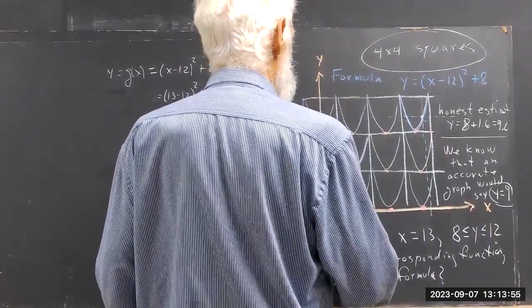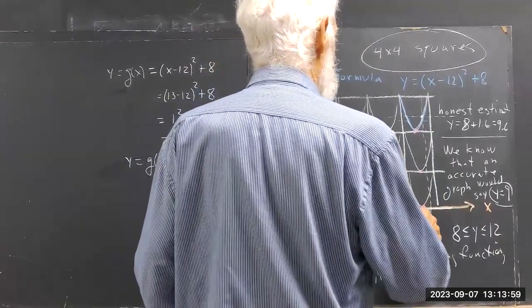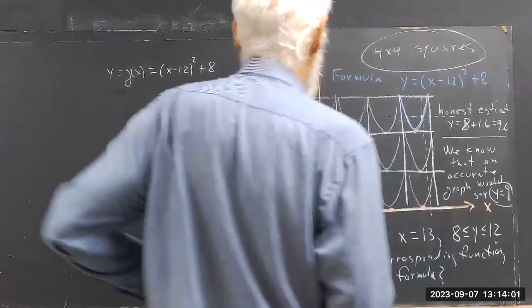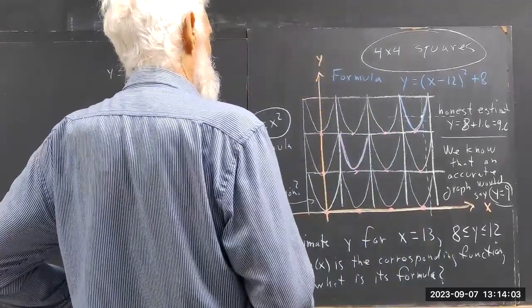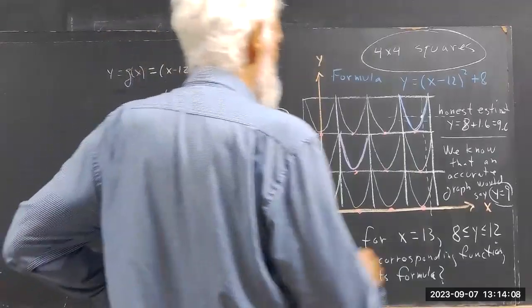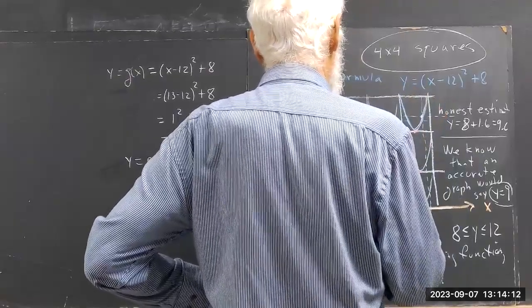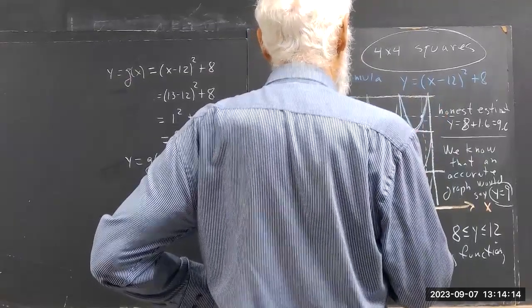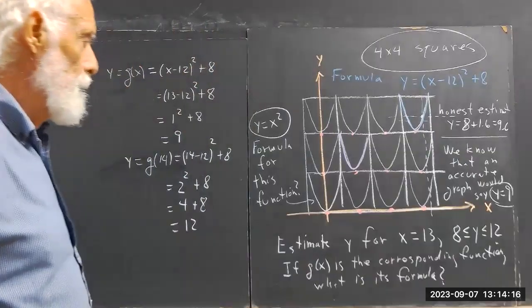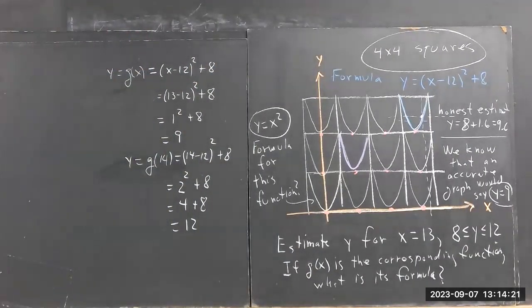We've got 4, 8, 12. Oh, wait a minute. That's screwed up. It doesn't work. Question whether I did something really ignorant.